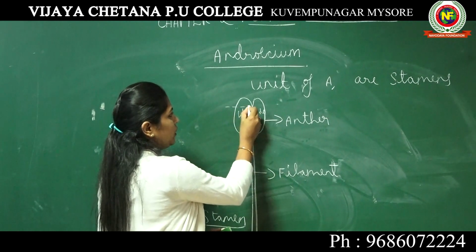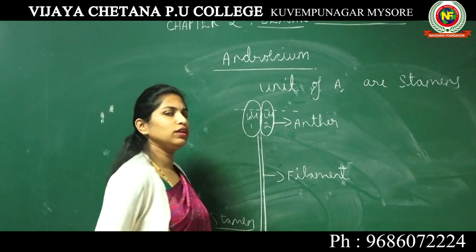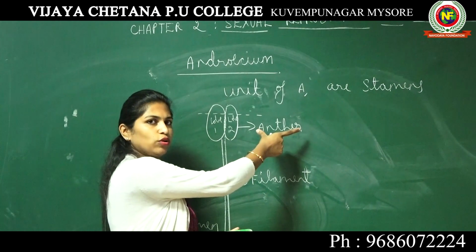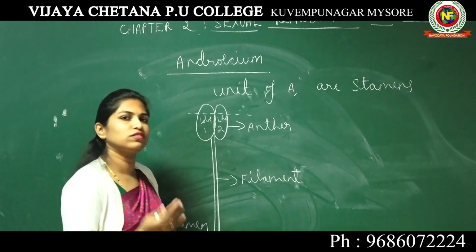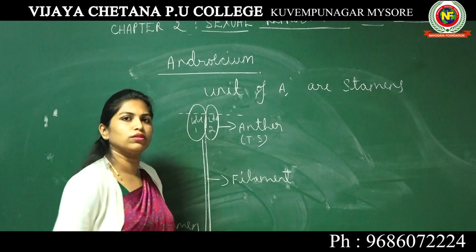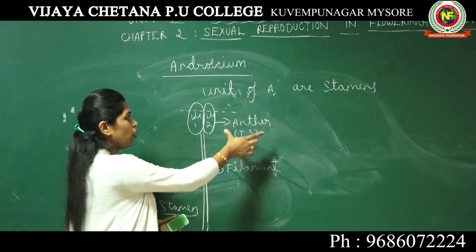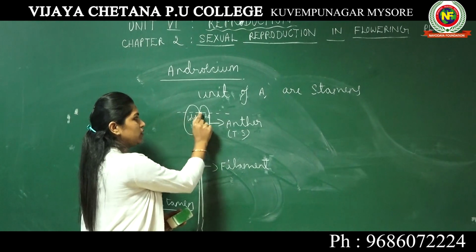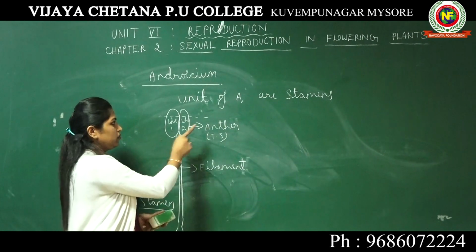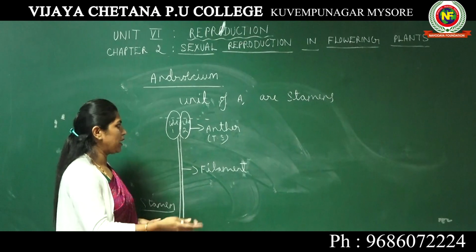In order to study how pollen grains are produced inside the anther, we need to know the structure of anther. For this we take a TS or transverse section of anther.